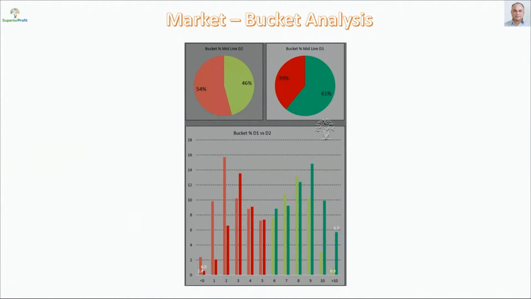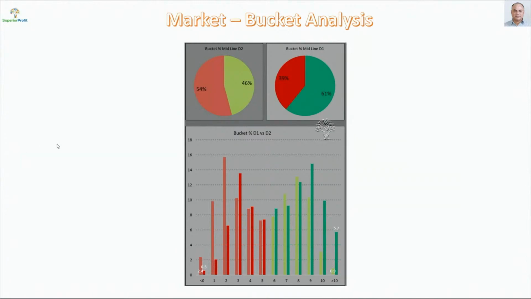So we saw at sector, industry, stock, advance decline breadth to assess the market, how it is transitioning from bearishness to bullishness or vice versa, from 1 month to 1 day and real time. And then from bucket analysis, we saw how the stocks are distributed across their natural range.